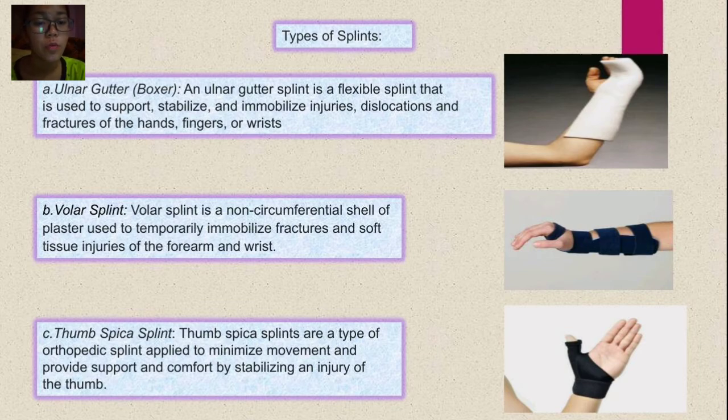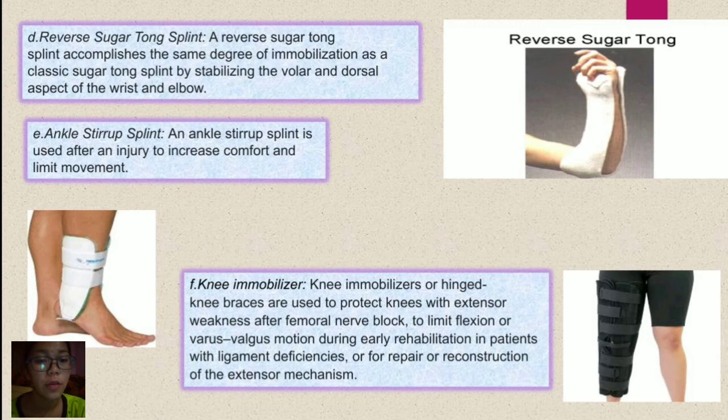Next, we have the sugar tong splint. The sugar tong splint can be used for fractures distal to the proximal tibial metaphysis or for grossly unstable fractures above the ankle.